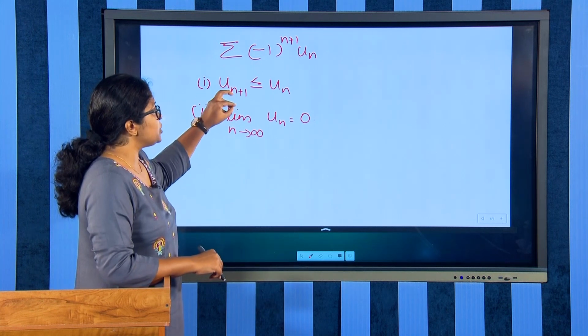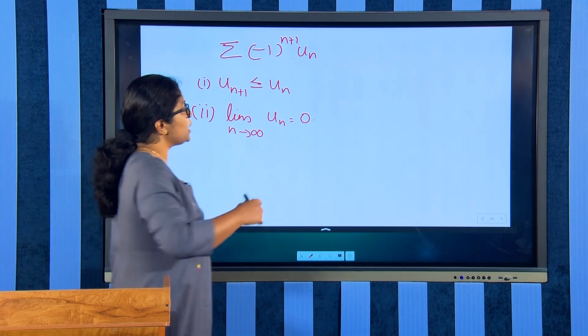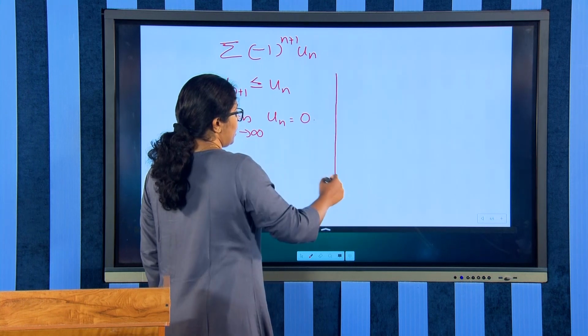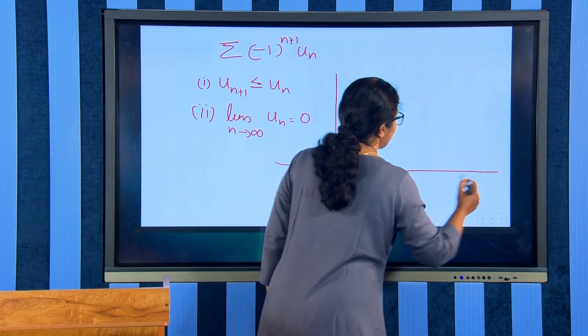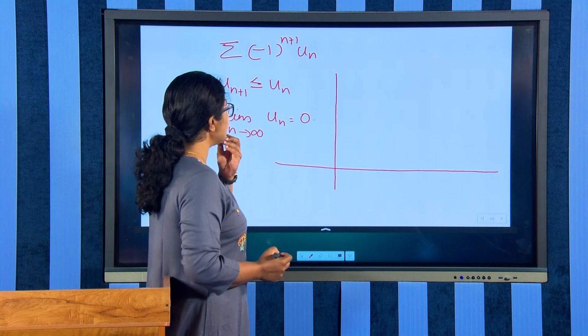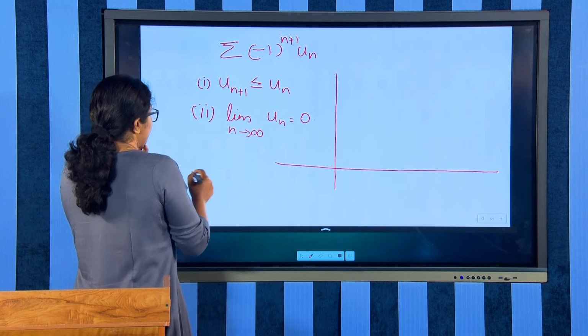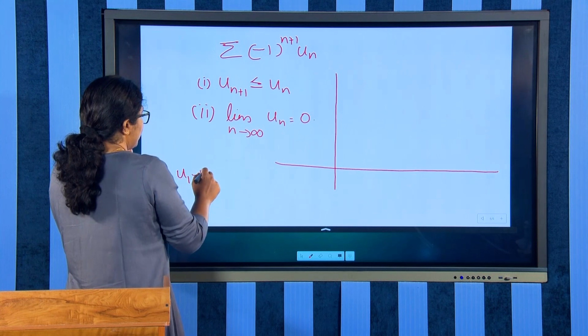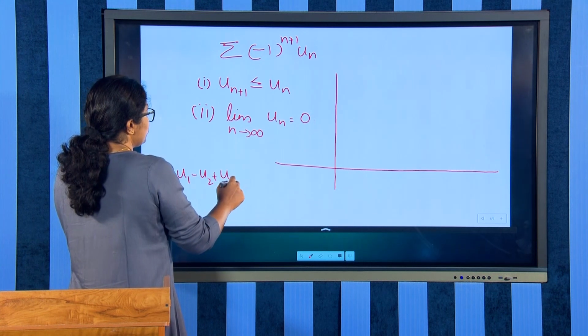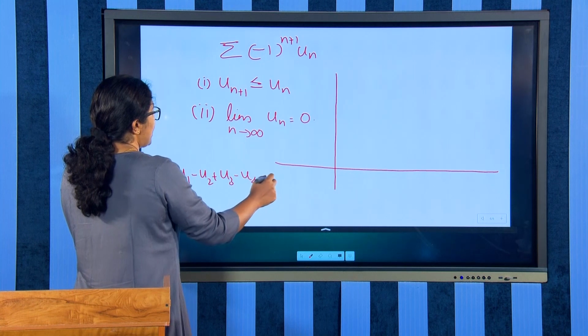So, these two conditions should hold. Using a picture, you can have an idea of what happens in this case. This series is nothing but u1 minus u2 plus u3 minus u4, etc.